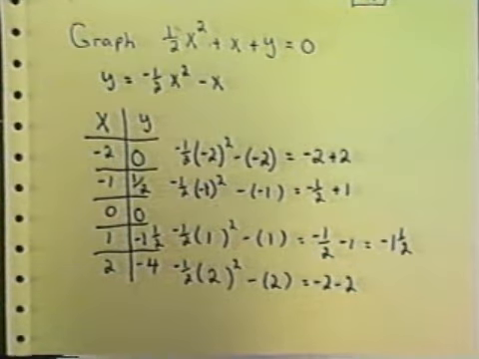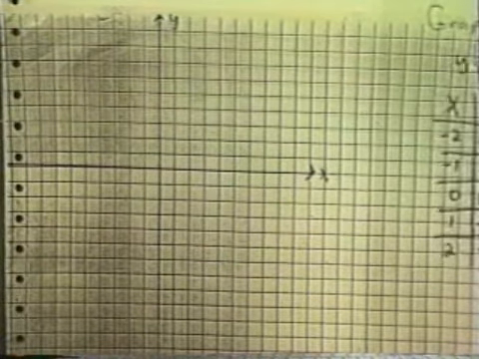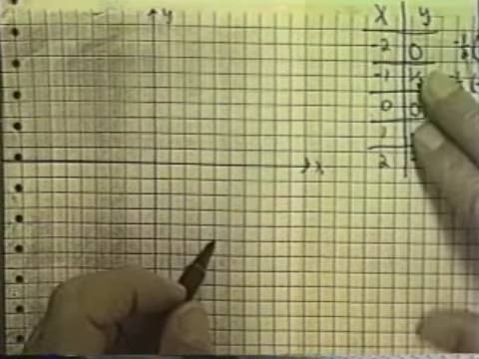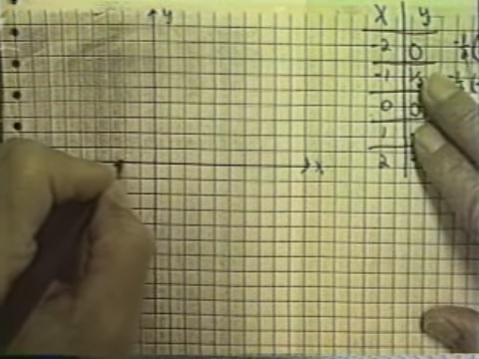Now we'll plot the points that we have up to this stage and see what we have. We have (negative 2, 0), so I go left 2.